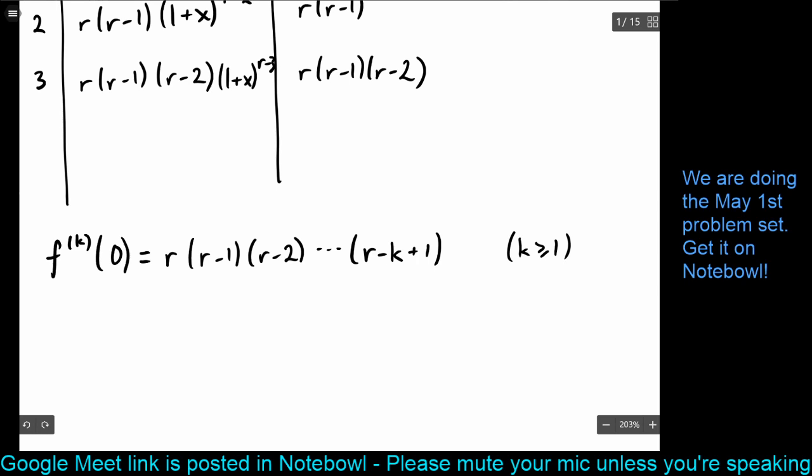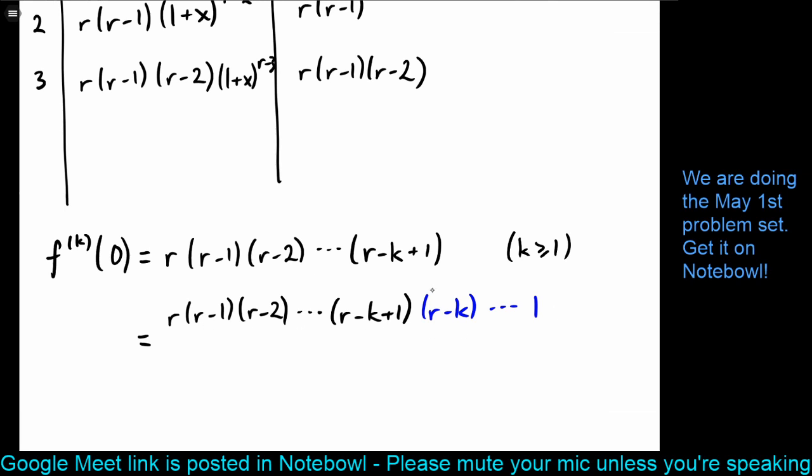Now, when we have a pattern like this, where we kind of start at a number and multiply numbers going down, we know this is like almost a factorial kind of thing. So here if we have r times r minus 1, r minus 2, dot, dot, dot, r minus k plus 1, what we would really like to do is just add in the rest of these, r minus k, all the way down to 1, right?